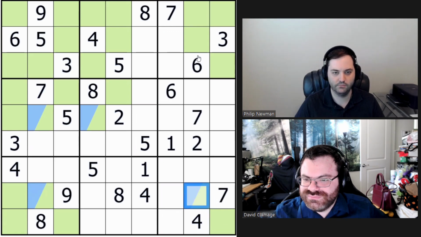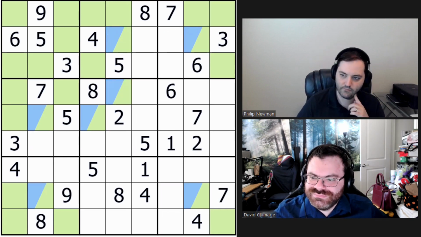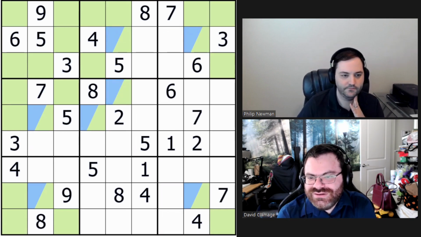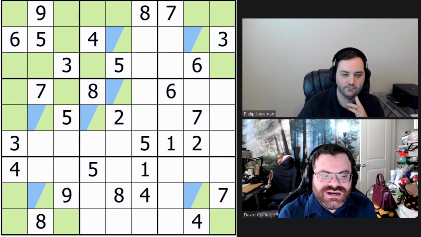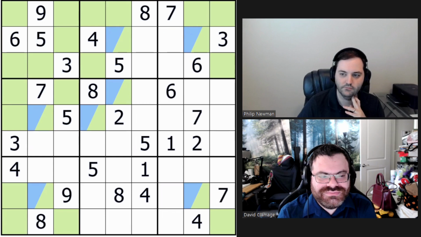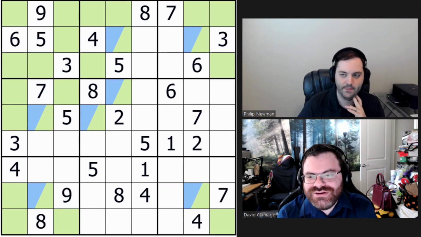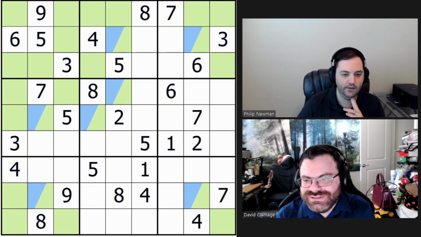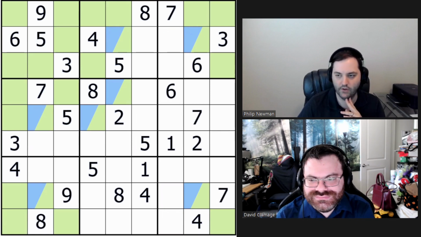And then I'll go over here, go up here, and I'm just going to make a loop and see what happens. Because in general, you're not going to find an oddagon. If you find an oddagon, your puzzle's broken. Right. So we're finding an almost oddagon, so we're just sort of pretending certain things don't exist. Yeah, and in a lot of cases, this isn't going to tell you anything.